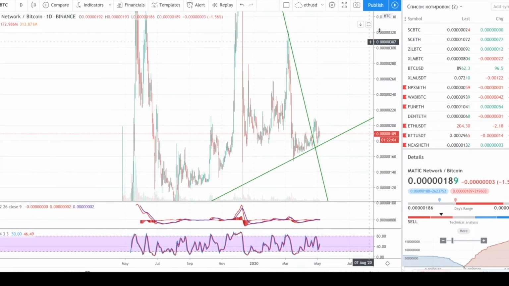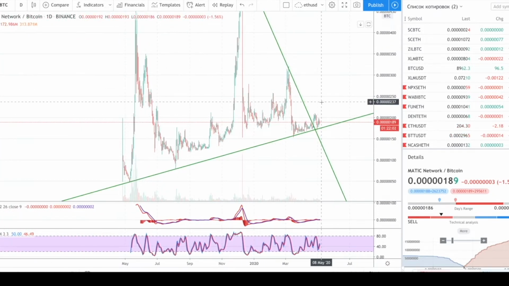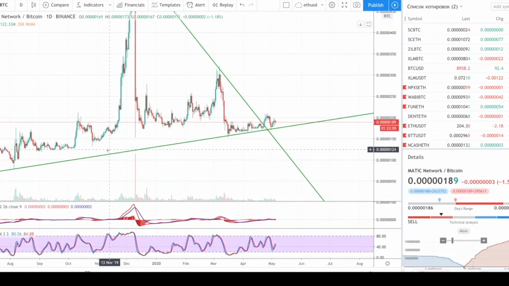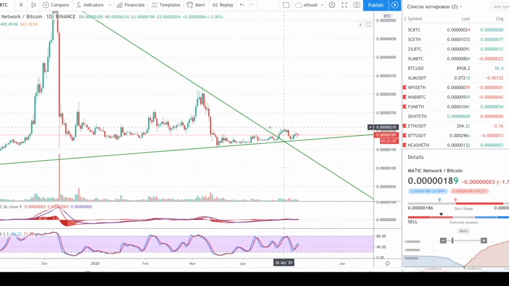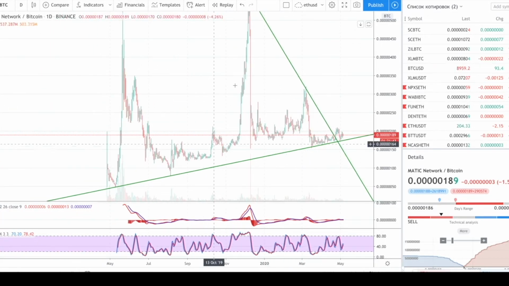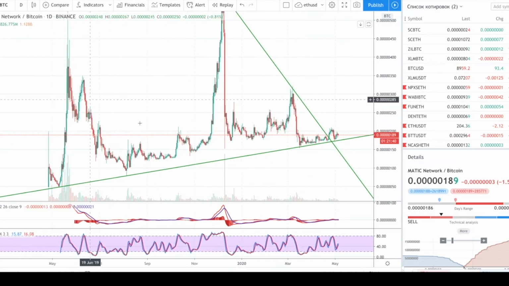Also, MATIC shows its strength by breaking through these local downtrend lines. Yes, looking at the history of the coin, we see that it is a fairly strong coin, and it has the property of quickly gaining momentum and rapidly rising with such an impulse in the price.